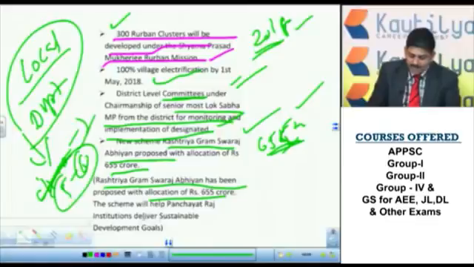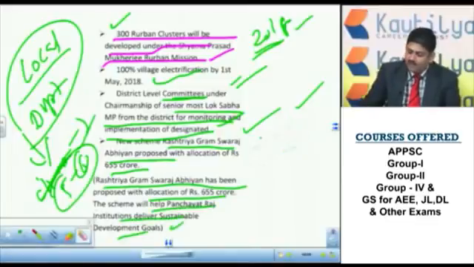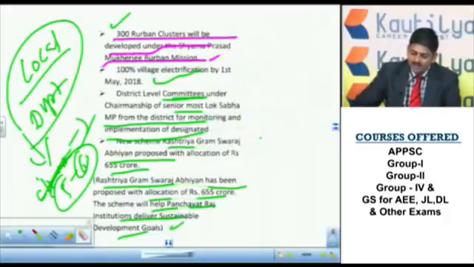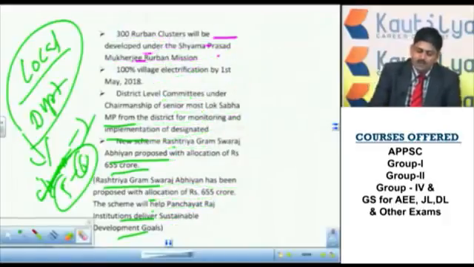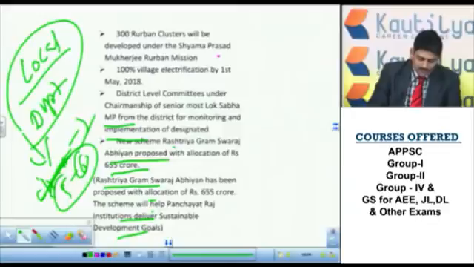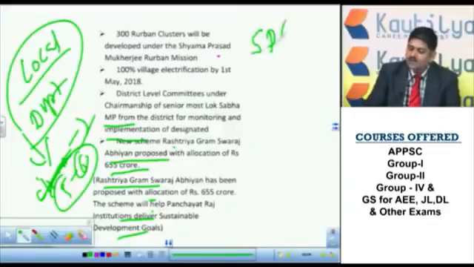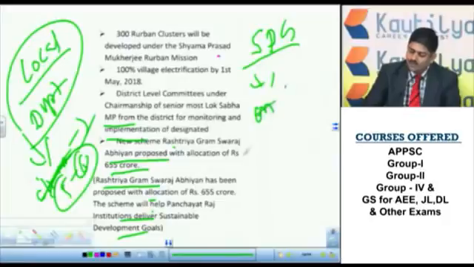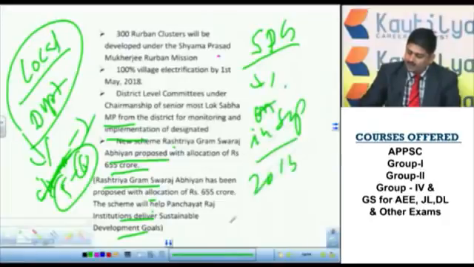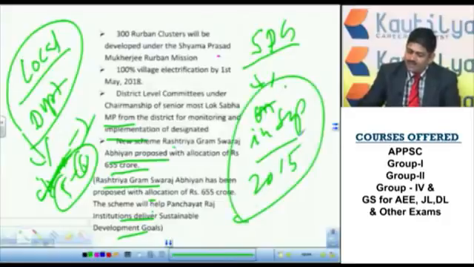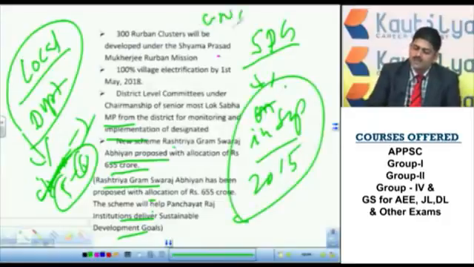The scheme will help Panchayat Raj institutions to achieve sustainable development goals. What are these sustainable development goals? These are the goals specified in September 2015, adopted by the United Nations General Assembly.